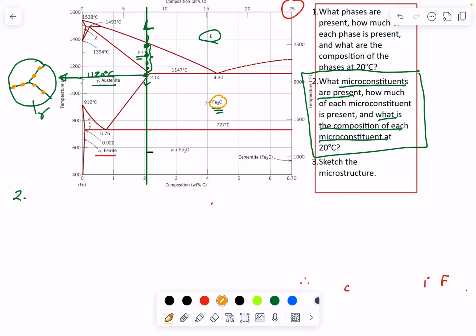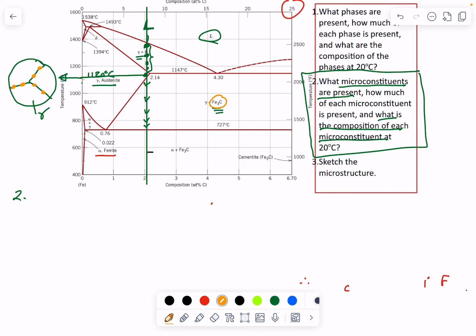And then we're going to continue to cool, and as we do that, the amount of Fe3C grows. You grow more and more of it, and the thickness of this stuff along the grain boundary gets a little thicker. And so finally you end up with Fe3C completely lining, if you will, the grain boundaries of this material.